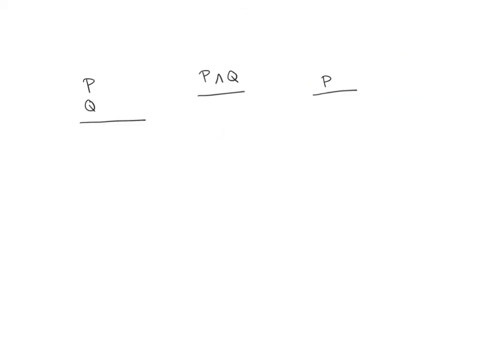All right, there's 3 more. These don't necessarily have names, but they're things that we're going to use a lot. Let's say I know P is true, and I know Q is true. Well, then I know P and Q is true. That's not really that helpful, but we will end up doing this in proofs. Maybe I'm trying to show that the and is true, so I can show them each individually.